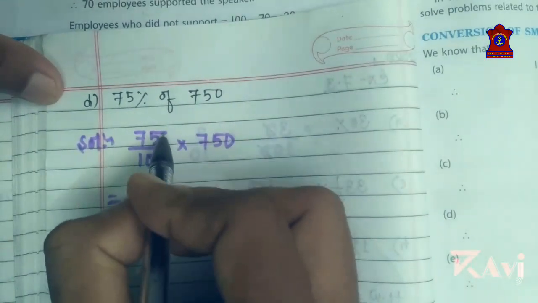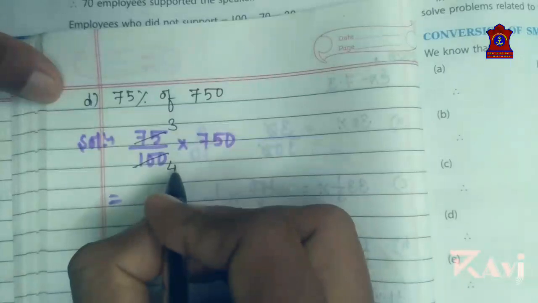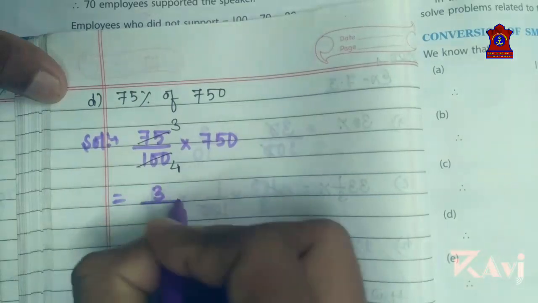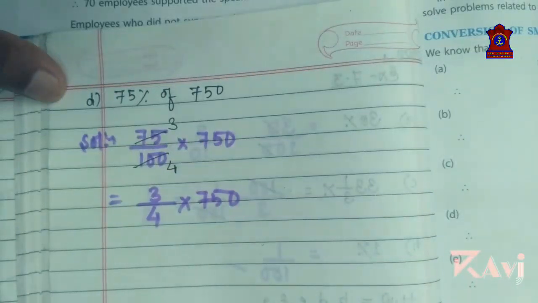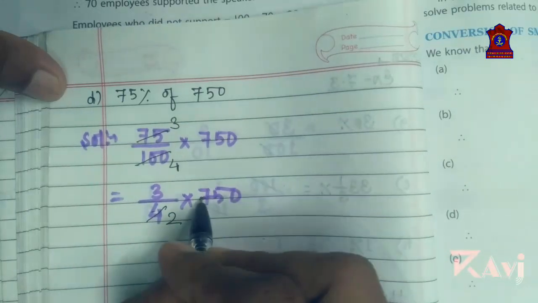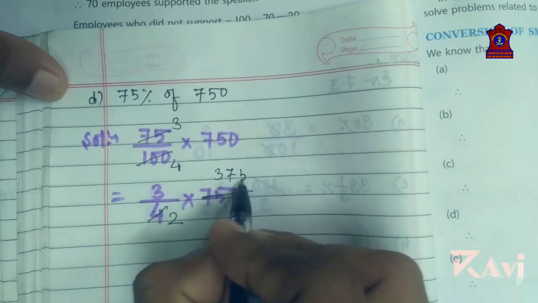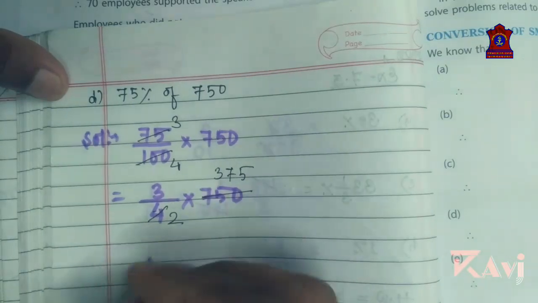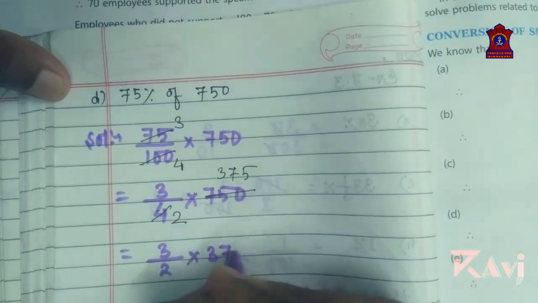Okay, what we can do: 25 threes are 75, 25 fours are 100. Now what are we getting? 3 by 4 into 750. Now can we reduce this also? Yes, 2 twos are 4, 2 threes are 6, 2 sevens are 14, 2 fives are 10. Now what are we getting here? We are getting 3 by 2 into 375.